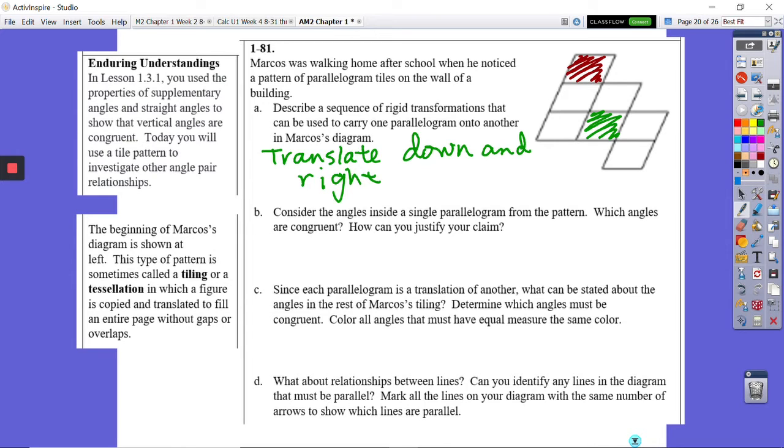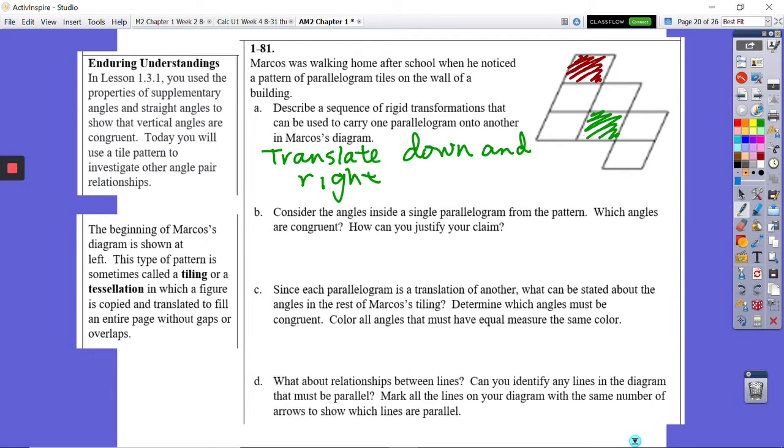We could also talk about moving this one to the green space. If I was moving this one, I would move up and left. So for the first one, down and right is what I'm doing. We can't be more specific here because we don't have any ways to be specific.